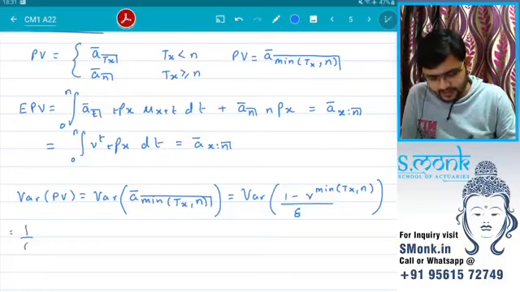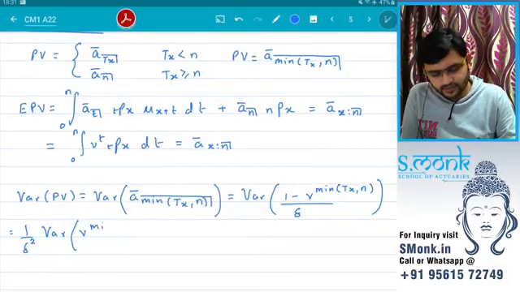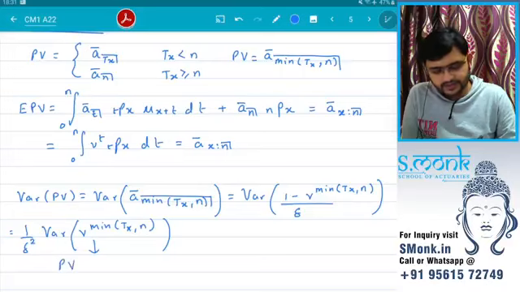So this is 1 by delta square variance of v raised to minimum of Tx comma n. This is the present value of an n year endowment.